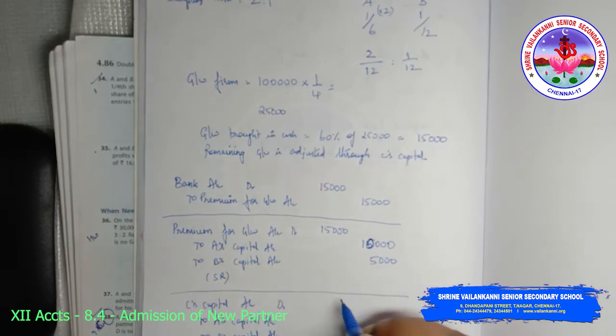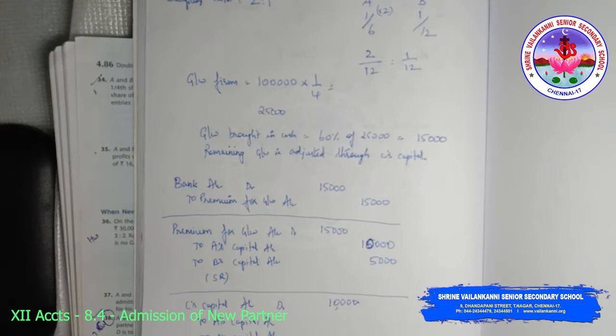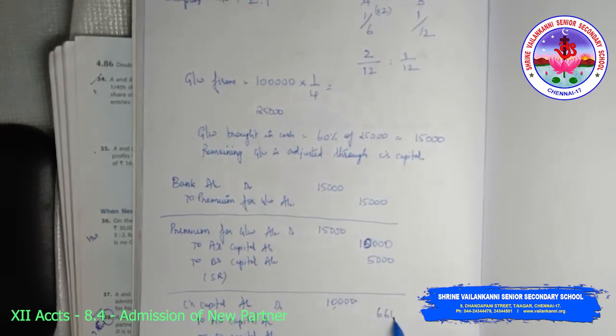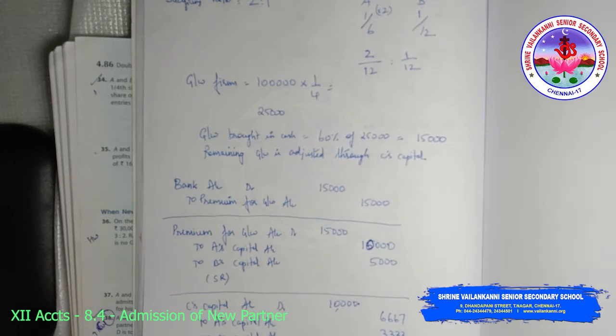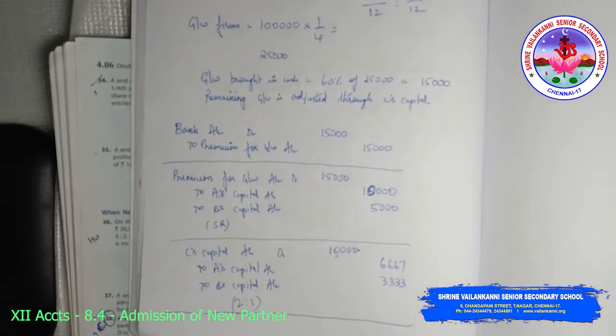You need to adjust this: 10,000 extra has to be brought in, but C did not bring it, so it has to be adjusted through C's capital. It is in the ratio 2:1, the sacrificing ratio. So 6,667 and 3,333. I hope that this is clear. Follow this and it will be easy.